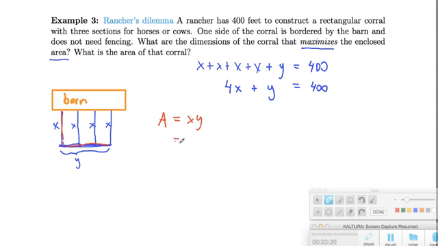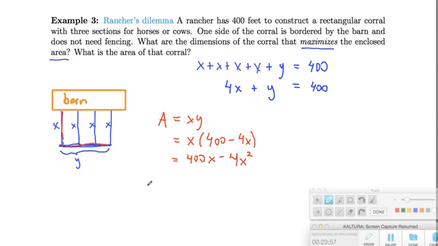Now, we need to get this in terms of all x's. So if you solved this above for y, you just see that it was 400 minus 4x, right? Then from here, you can either simplify this, distribute the x, or do the product rule. It's your choice. I am going to go ahead and distribute that x. So we've got 400x minus 4x squared.